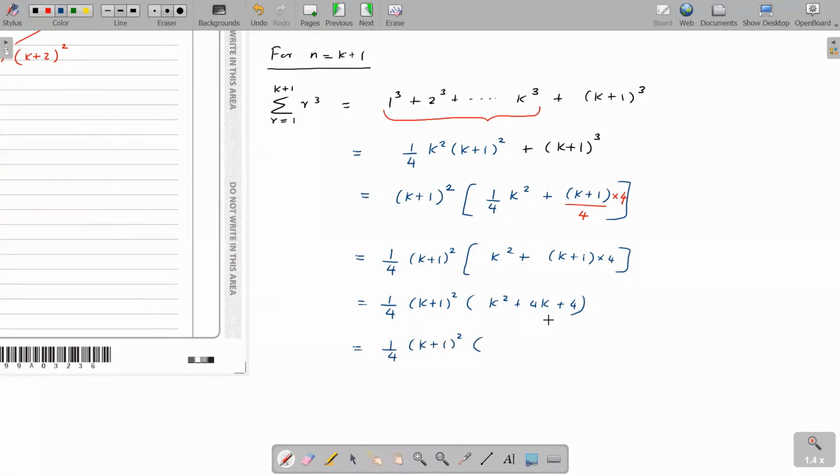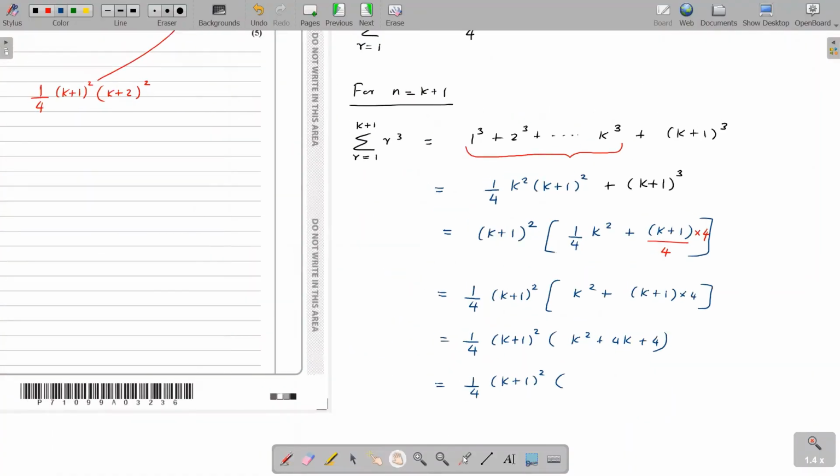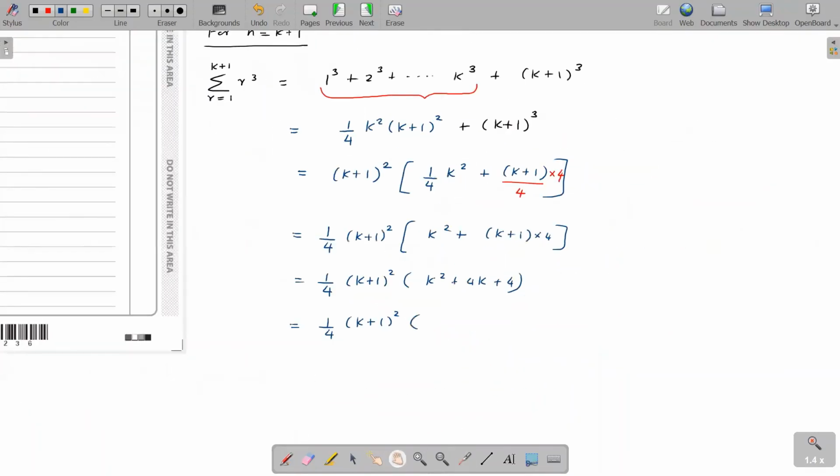K square plus 4k plus 4 is the square of, actually you should see now, you're supposed to get k plus 2 square for your answer. So you need to realize k square plus 4k plus 4 is the complete square of k plus 2, which is what we are supposed to show.